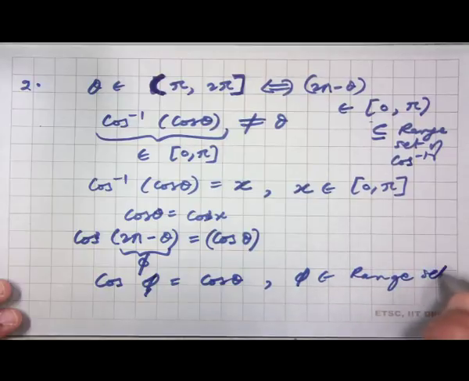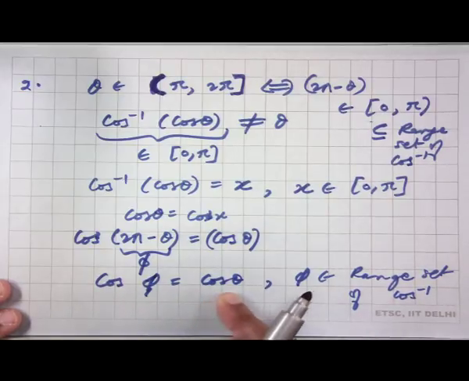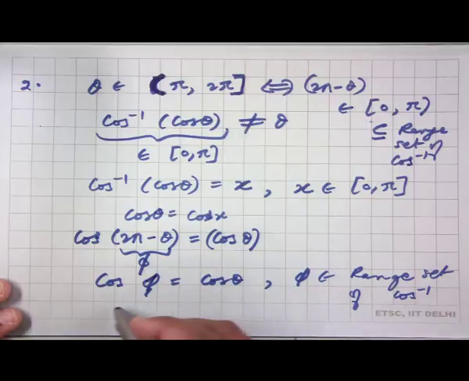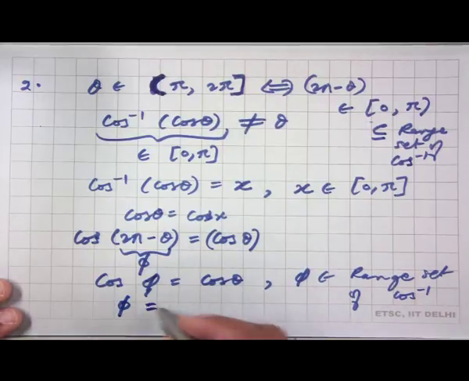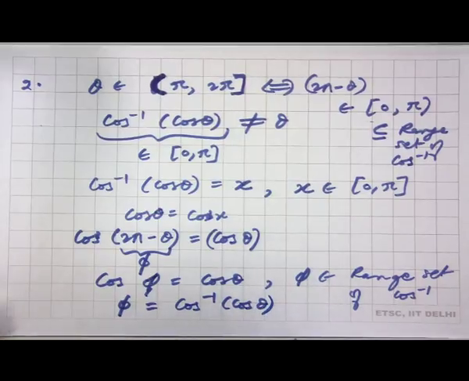Since cos phi is equal to cos theta, it is immediately clear that phi must be equal to cos inverse of cos theta.